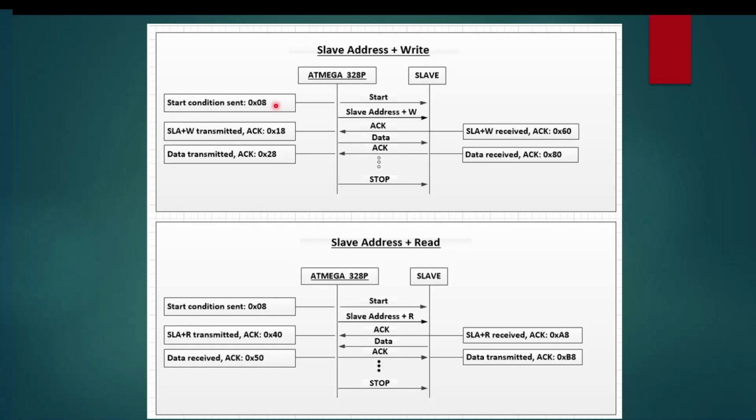Once that happens, the master is going to send the slave plus write command. After sending this message, the master is going to monitor the status register until it gets a code 18 hex, which means that the slave address plus write was transmitted successfully and acknowledgement was received from the slave.